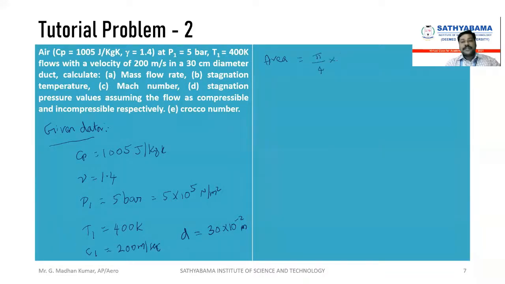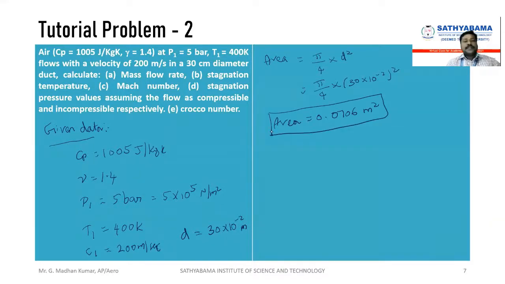So let's substitute here: pi by 4 into 30 into 10 to the power of minus 2, whole square. The area is 0.0706 meters square. I think everybody is getting this answer, right?